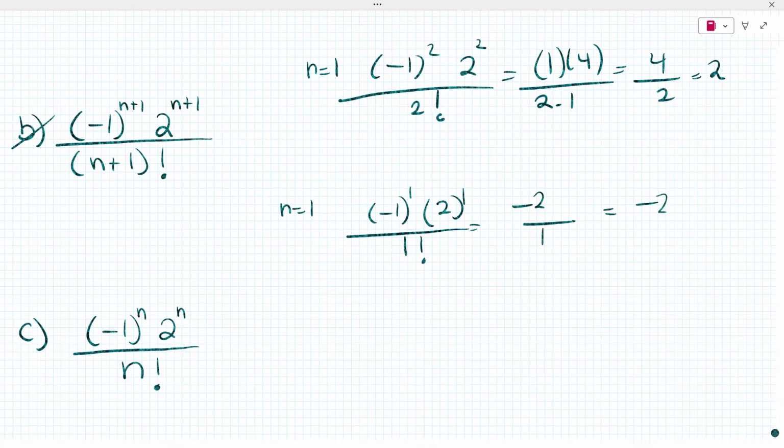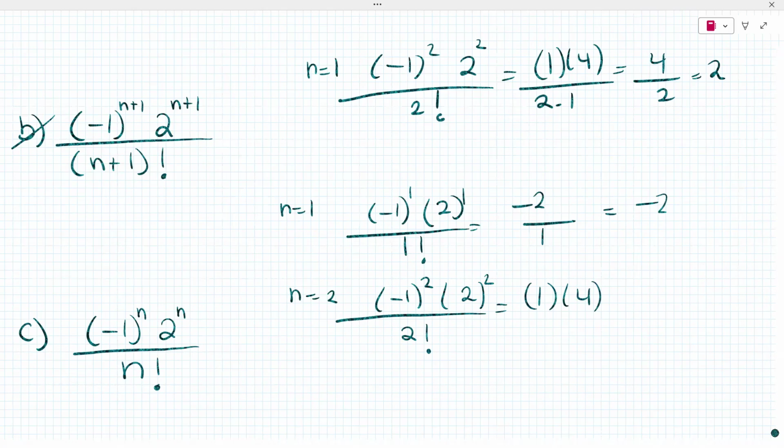Okay, so this works. The first term gives you -2. But it has to be consistent. Does the second term give you 4? Let's try n equals 2. -1 squared is 1, 2 squared is 4, 2 factorial is 2.